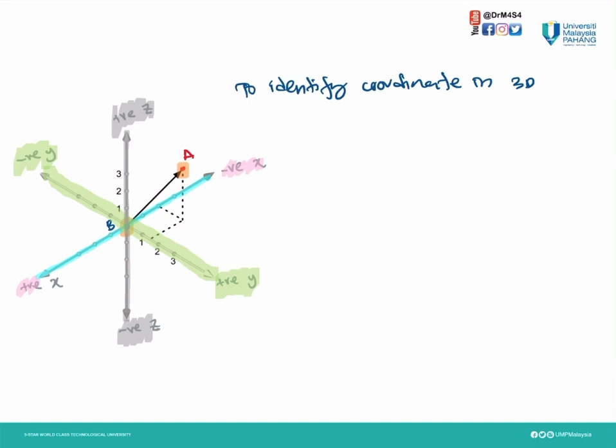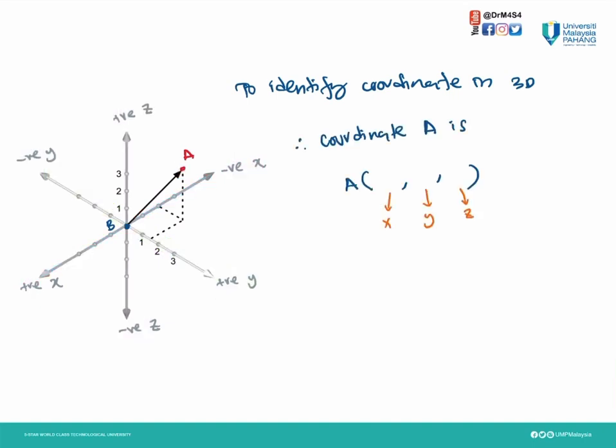Now let's identify the coordinate for A. For the position or coordinate, we have x, y, and z. Let's find the x value first. The x value is -2 because this moves 2 units on the negative side of the x-axis.